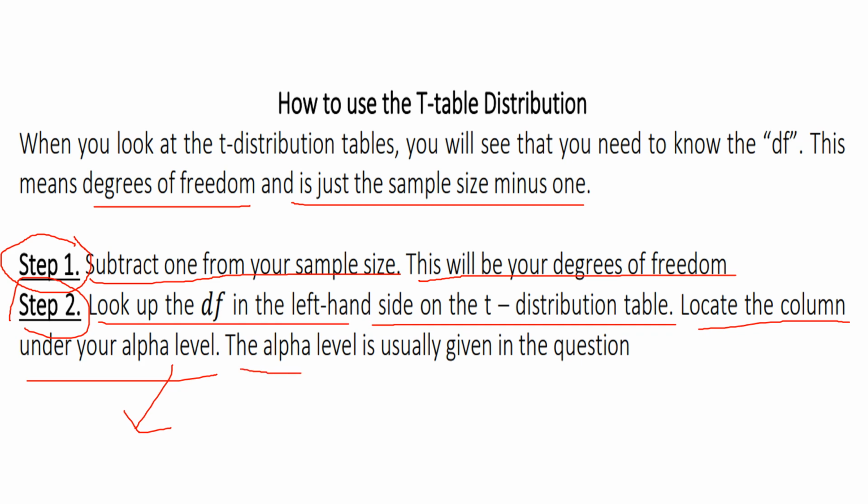The alpha level is usually given in the question. Your alpha level or the level of significance is always given in your problem. So you don't need to look for or compute this value because the alpha level or level of significance is always given in your problem.